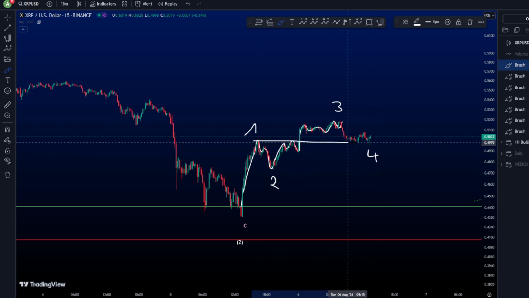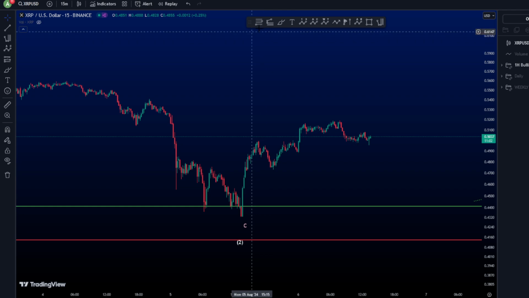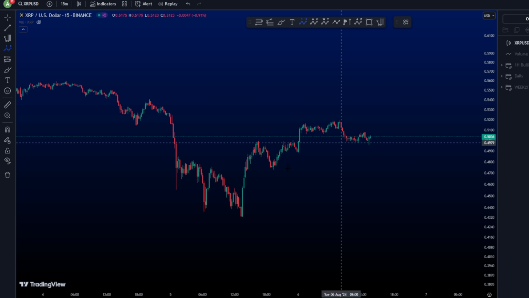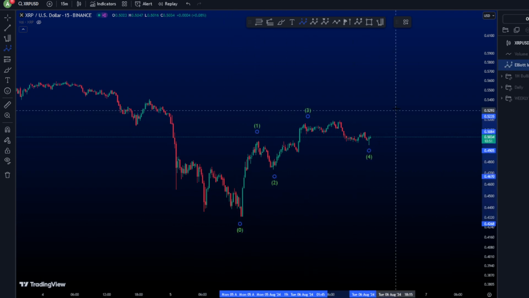However, because of the overlap here, we cannot consider this as an impulse; rather it is a diagonal towards the upside. So let's label this in the 15-minute chart: we have a 1, a 2, 3, 4, and 5.